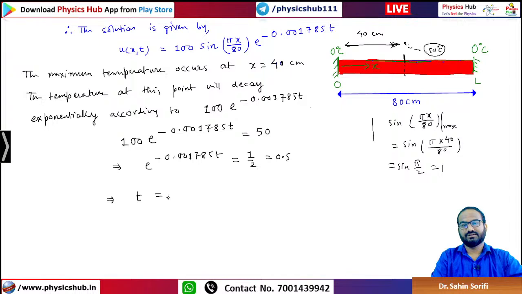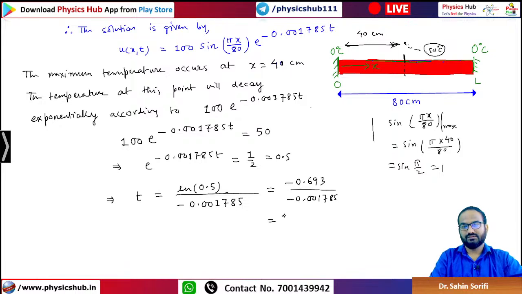That means t is equals, we'll take logarithm on both sides, so ln 0.5 divided by minus 0.001785. So the value of the numerator is minus 0.63 divided by minus 0.0078.